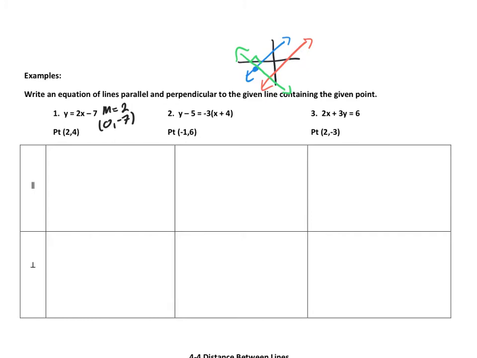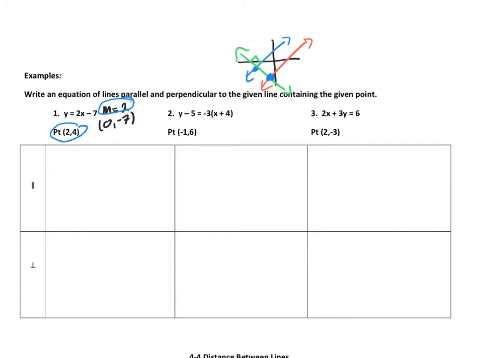So I have a form of an equation of a line whose literal name is point slope form, and I'm going to use that because I have a point and I have a slope. Excuse me, in this drawing, this point should be over here, not on the original line. So I want a line that has that same slope, because we're thinking parallel first, same slope, but going through this point (2, 4), which is not on our original line.